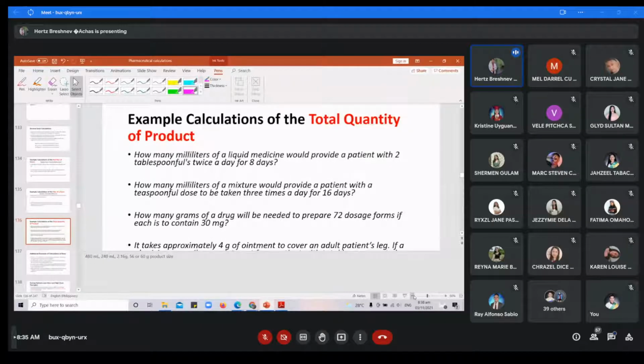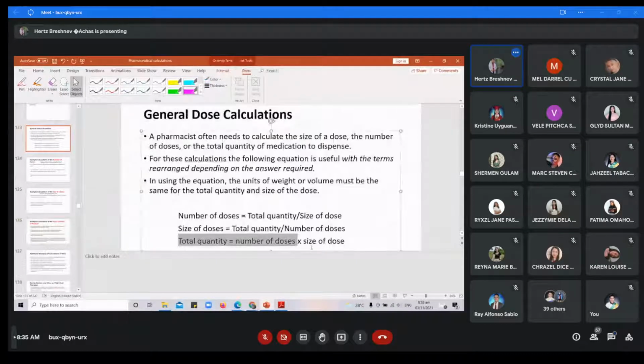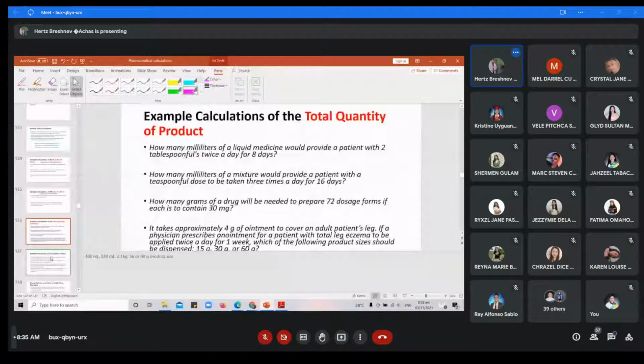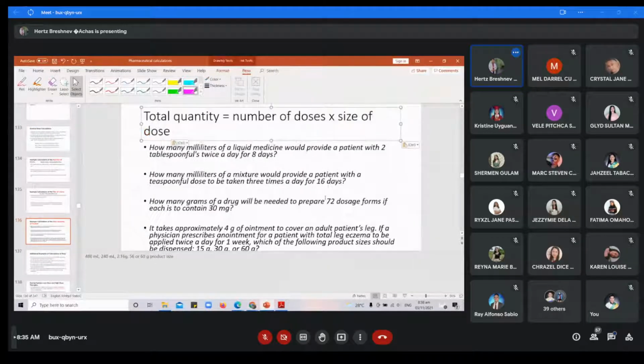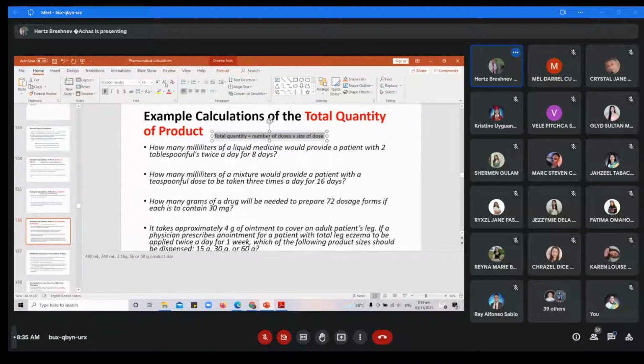By the way, the formula for this is the total quantity is equal to the number of doses times the size of the dose.